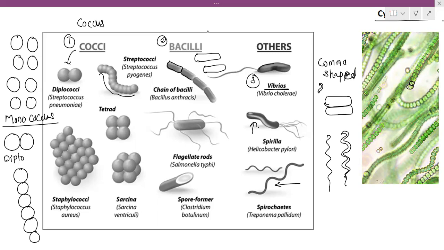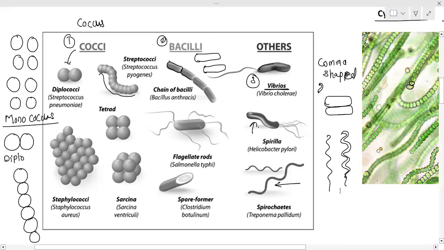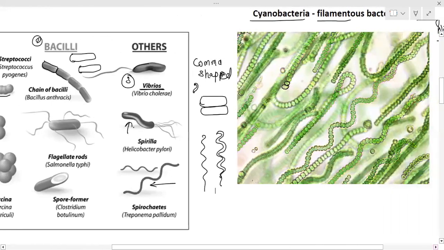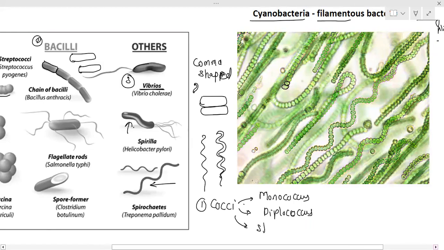We have very few. Let's make a list of it. First one we have is coccus or cocci. Under cocci we have monococcus, single cocci, diplococcus, and thirdly streptococcus.